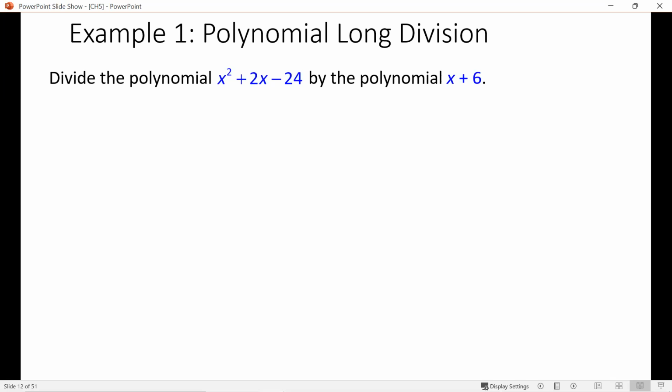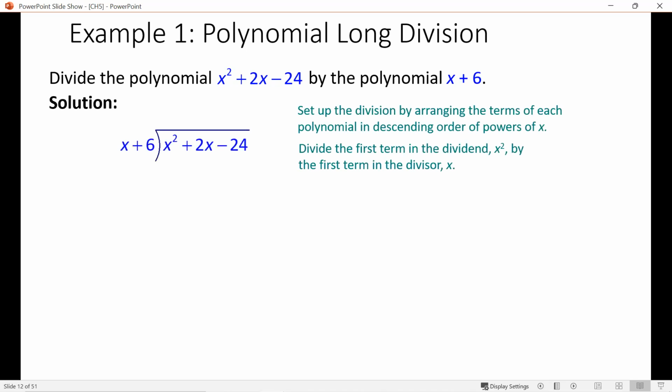All right, in this first example, let's do some polynomial long division. If we want to divide the polynomial x squared plus 2x minus 24 by the linear polynomial x plus 6, we'll set it up actually just like we used to set up our old type of long division.